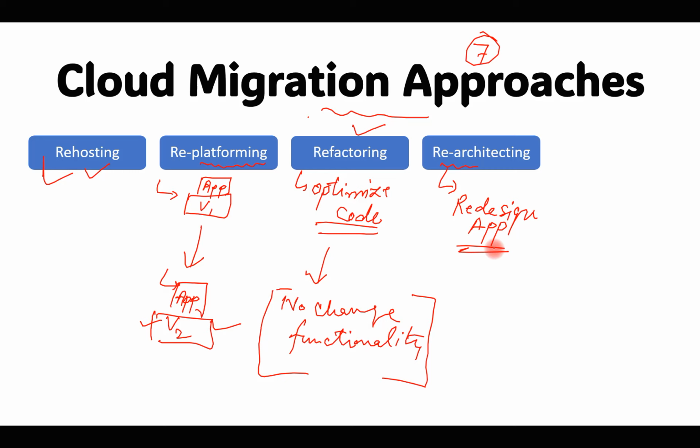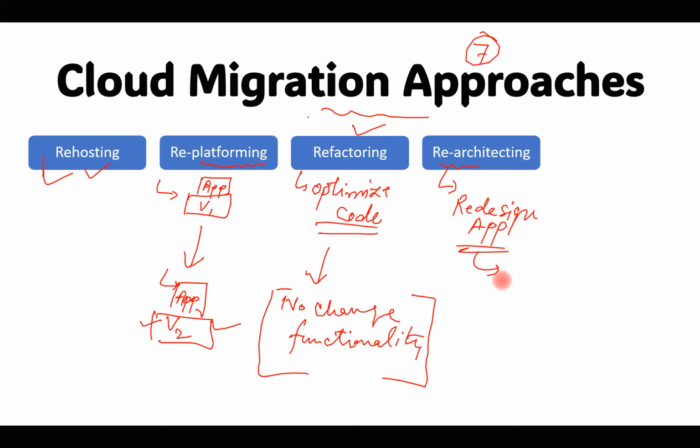Also, we need to utilize cloud native services and infrastructure to get the full advantage of the cloud, because we are migrating to the cloud and we want to take advantage of the cloud platform. There are many benefits: we can maximize the benefits of the cloud environment, improve performance and scalability, and also enhance the features and functionality of our application.